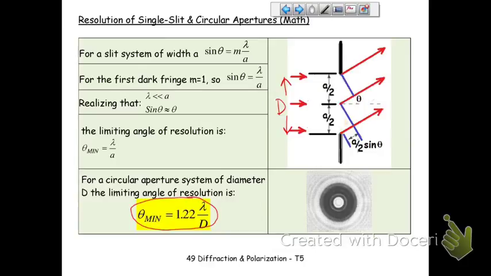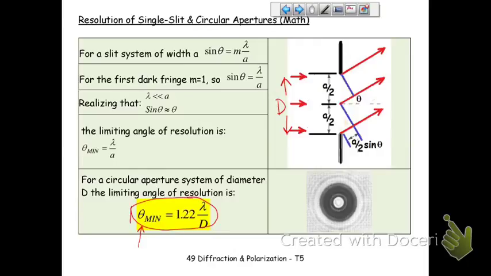So your resolving angle is, let me ask you, better telescope, bigger or smaller resolving angle? Smaller the better. With telescopes, you want a small resolving angle.